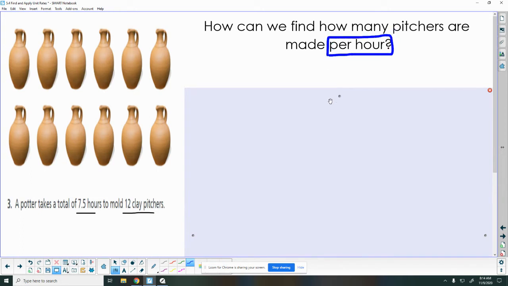So how long did it take him, or how many could he do every hour? So our rate that we're finding is, we know he can do 12 pitchers. So I'm just going to put a P for pitchers. And it took him 7.5 hours. I want to know how many pitchers he can do each hour. Every time there's 1 hour, how many did he complete?